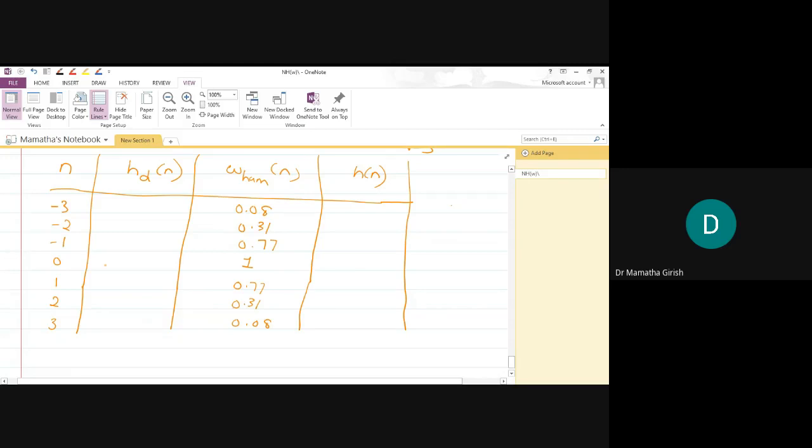You can also substitute the values of hd of n and get the corresponding filter coefficients. You can fill it up for yourself. I will give you the windowing function values.